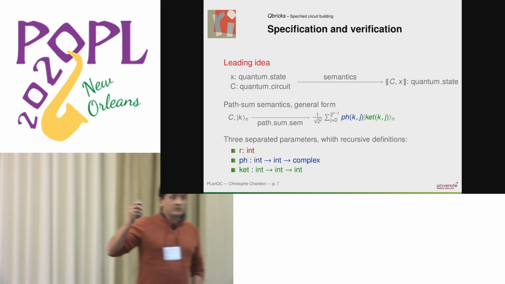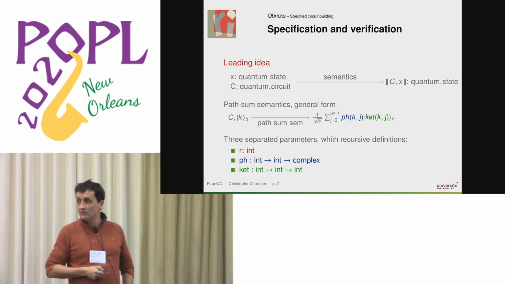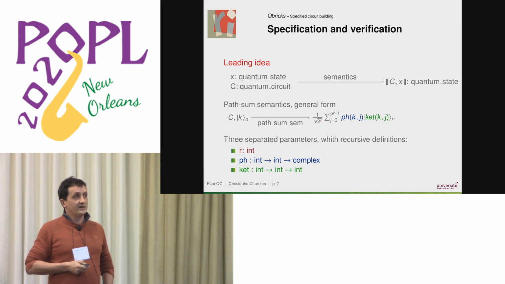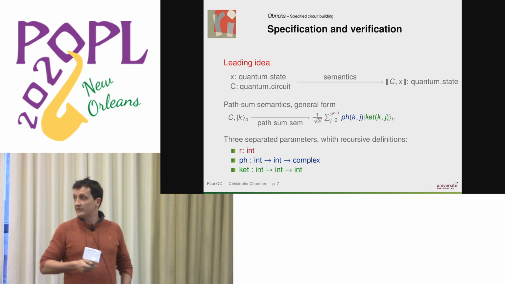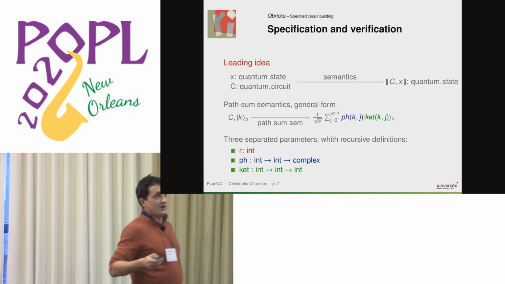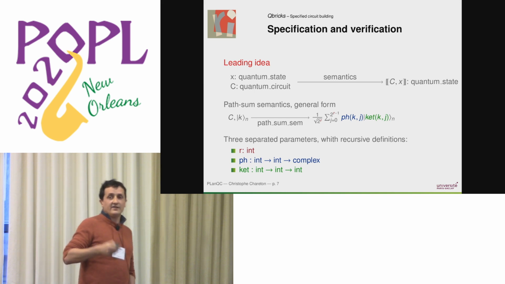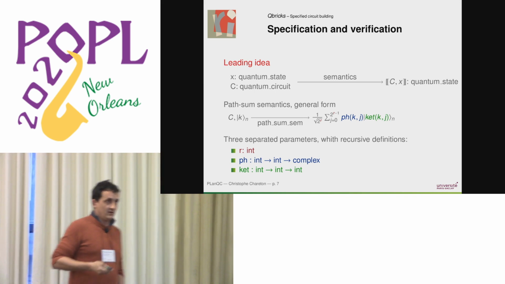So to completely describe the action of a given circuit over any quantum state, we need basically three main elements, which are in red here the range of the sum, then the function in blue identifying the scalar complex coefficient, and this green function identifying elements of the computational basis. And the interesting thing is that each of these three different elements, the red, the blue, and the green, has a definition that is recursive over the algebraic structure of circuits.